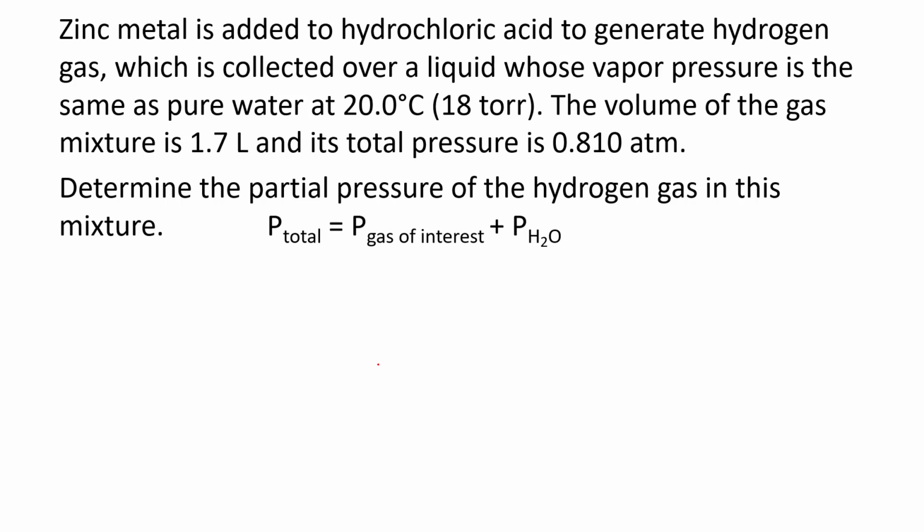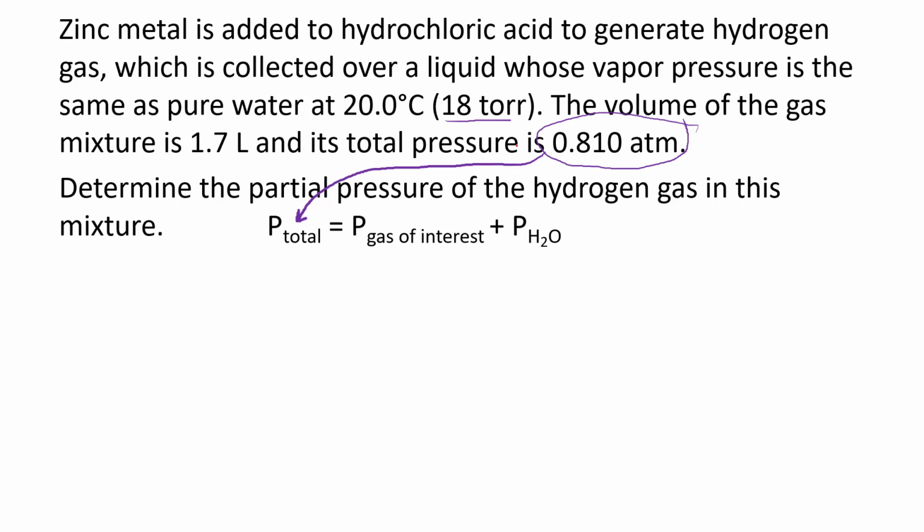Okay, so what have we got here? Let's identify some variables. First off, the most obvious variable is total pressure. That spelled it out pretty well for you. And then it says it's collected over a liquid whose vapor pressure is the same as pure water at this temperature. And so what you've got here is some kind of pressure that you could use in this equation.